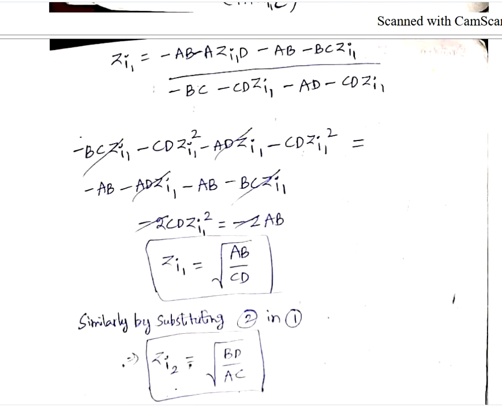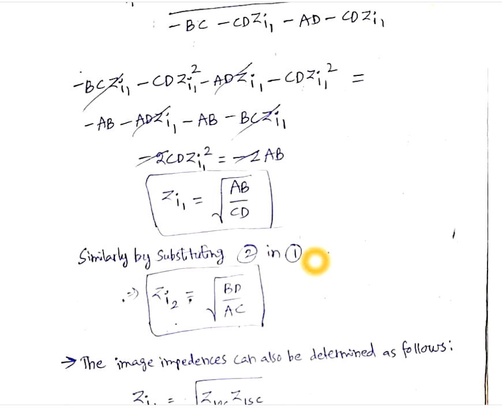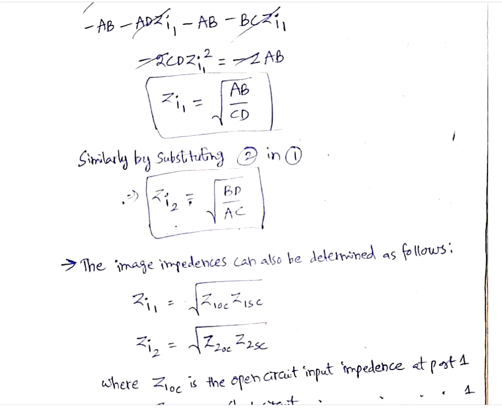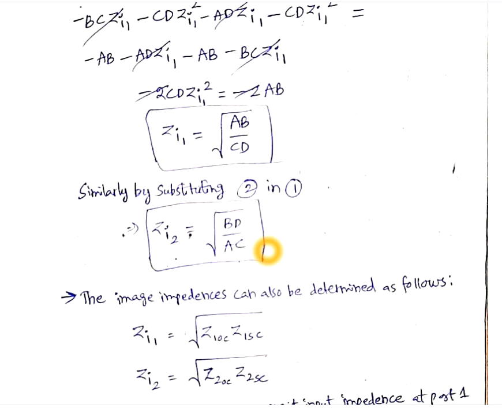Similarly, you substitute 2 in 1, then you will get Zi2. Zi1 is the square root of AB by CD, whereas Zi2 is the square root of BD by AC. So this is how Zi1 and Zi2 can be determined using ABCD parameters.